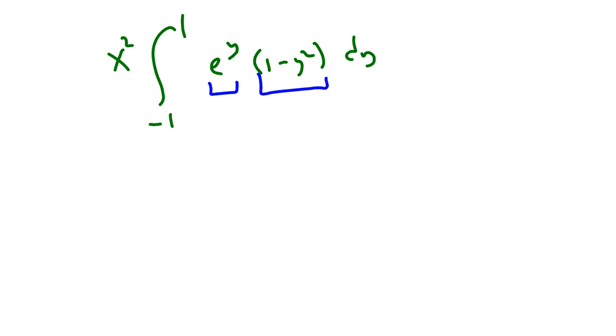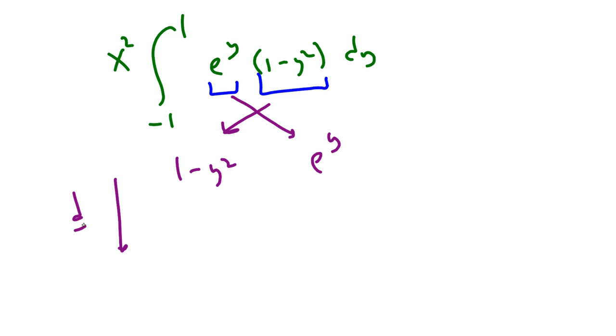Also, since 1 minus y squared has finitely many derivatives, sometimes it's nice to try tabular integration by parts. E to the y has infinitely many antiderivatives, so I'll put it over here. The procedure is you take the derivatives on the left, going down this way, and antiderivatives this way.